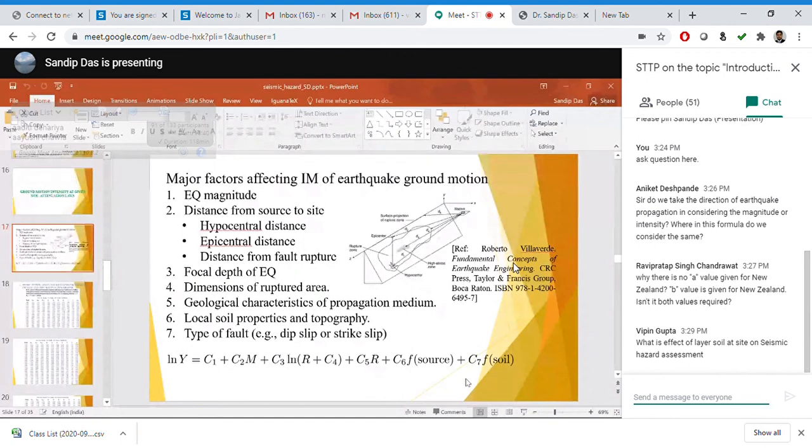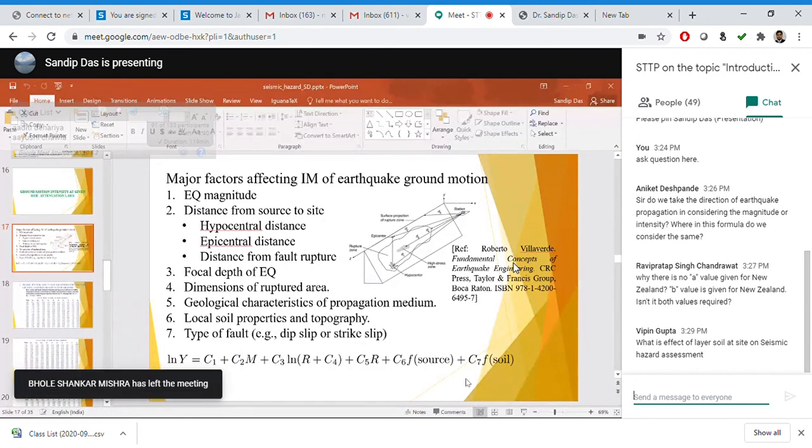Some kind of physics is now involved, how a wave will propagate through the soil, right? If you can address this, then the effect of the soil layer is taken into account. So it is not going outside the framework.